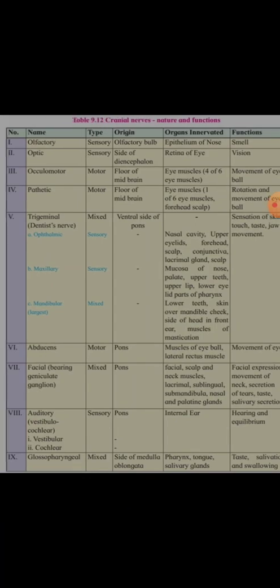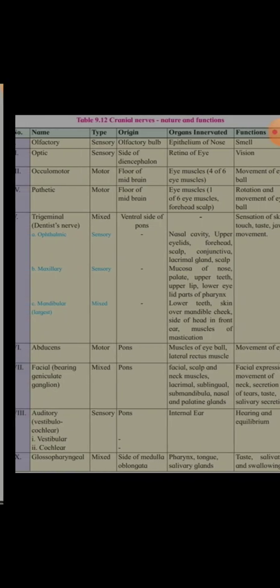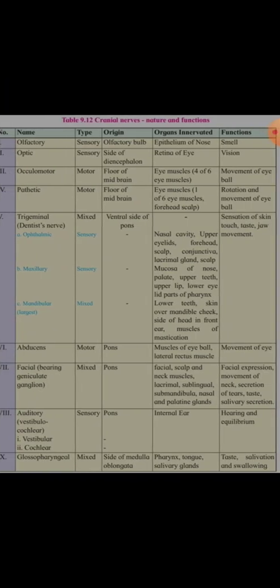Okay, then the sixth one is the abducens. Now this abducens is a motor type and it originates from the pons and it innervates the muscles of the eyeball, lateral rectus muscles, and they are involved in the movement of the eye.